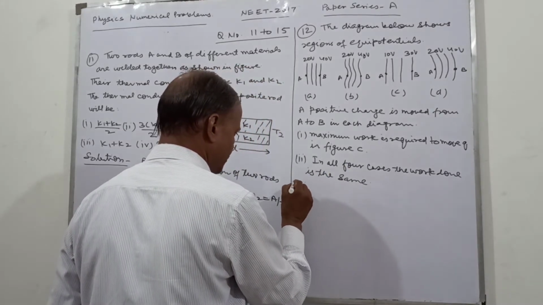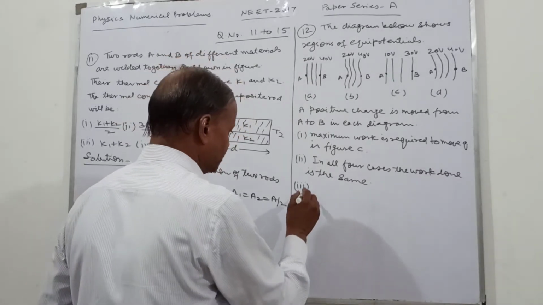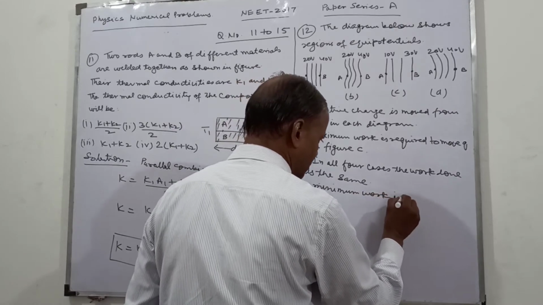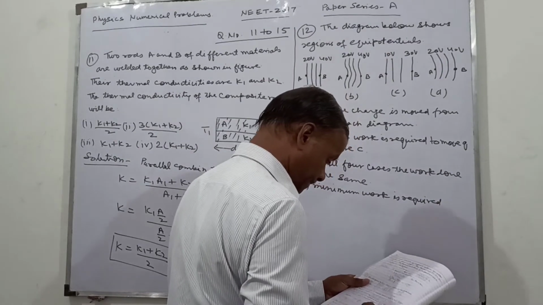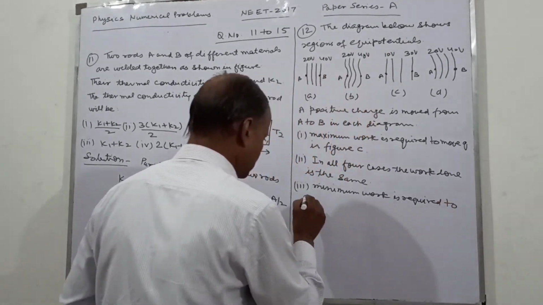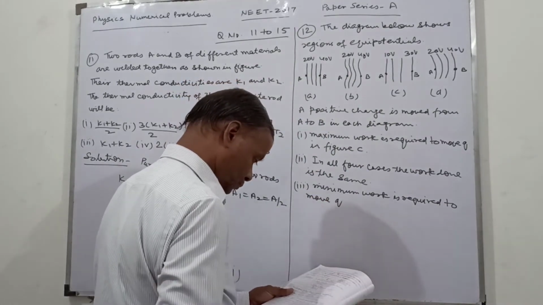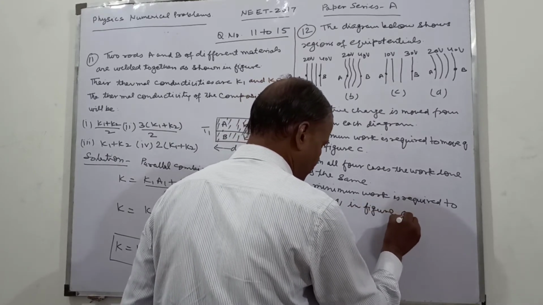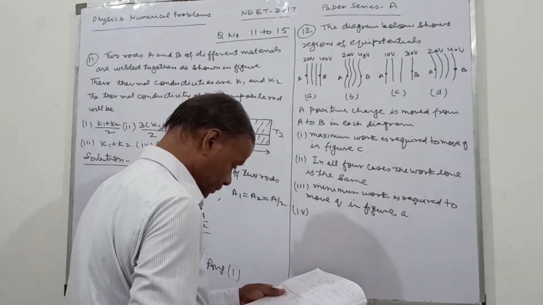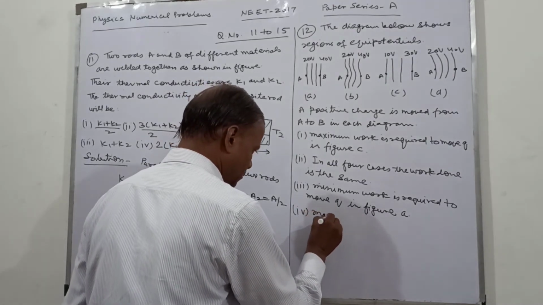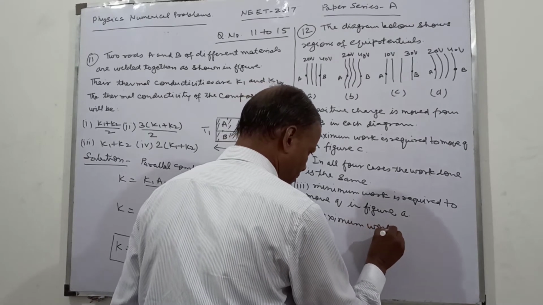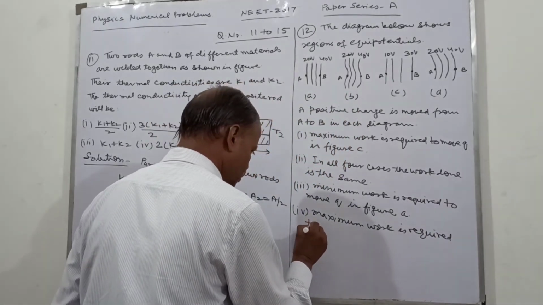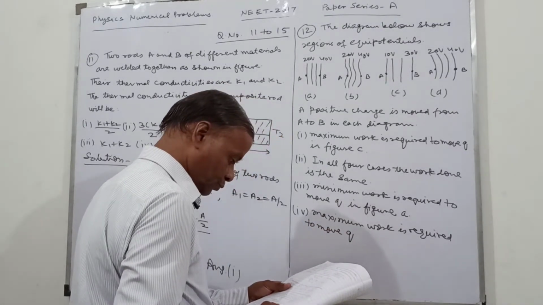Third, minimum work is required to move Q in figure A. And now fourth option, maximum work is required to move Q in figure B.